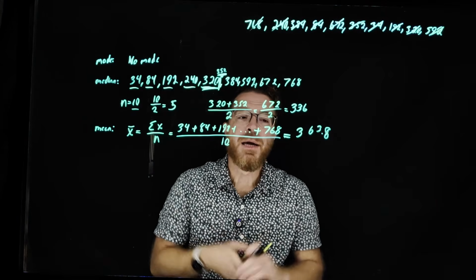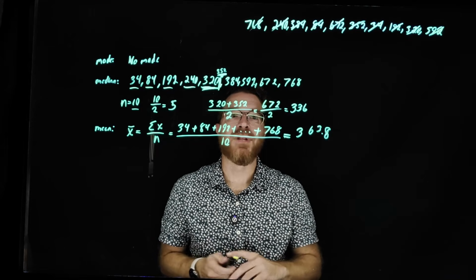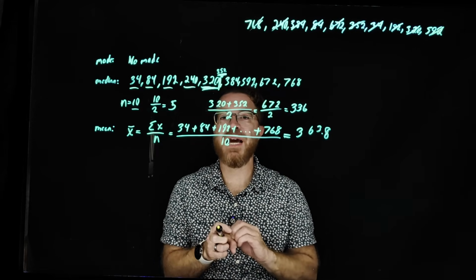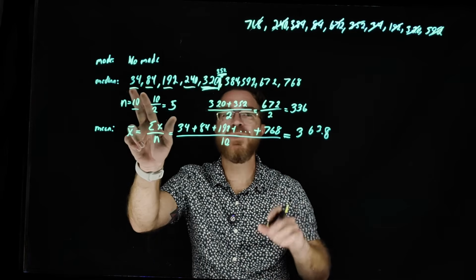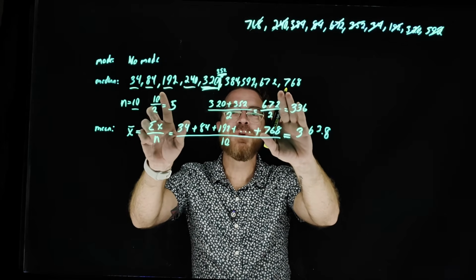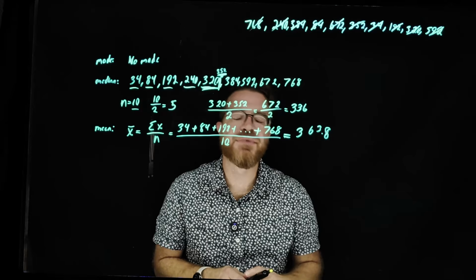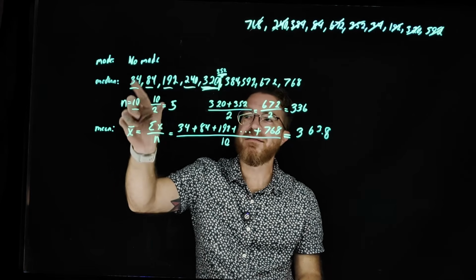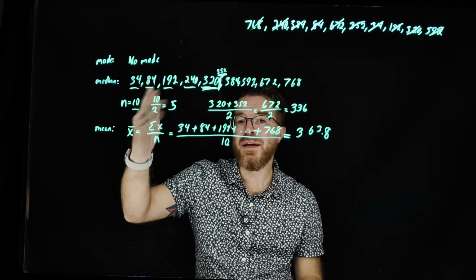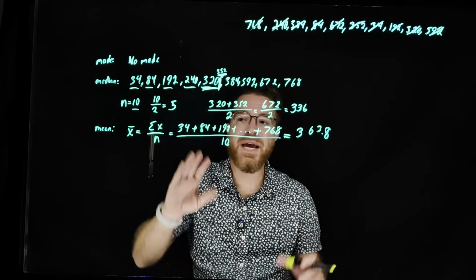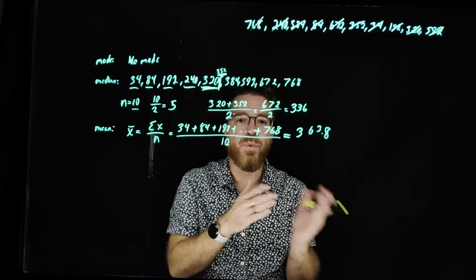Mean, on the other hand, is very affected by outliers. Here we have values that go from 34 up to 768, but most of the data is somewhere in the 200 to 600 range, meaning that this 34 might be an outlier. We'd have to check, but either way, it's going to affect where our values are.